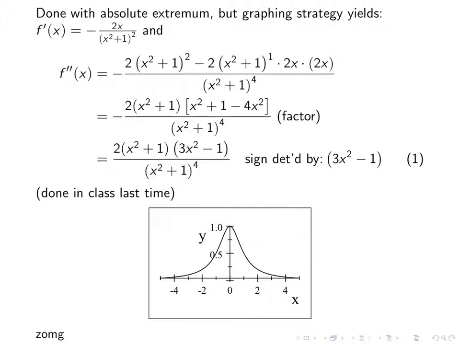And here's what the graph looks like for the entire line, and what we just found was the absolute max f of 0 equals 1. Whether the function is defined on half the line from 0 to infinity or the entire line, you have the absolute max, f of 0 equals 1, which is said to occur at x equals 0.